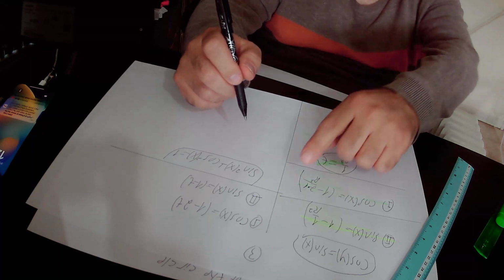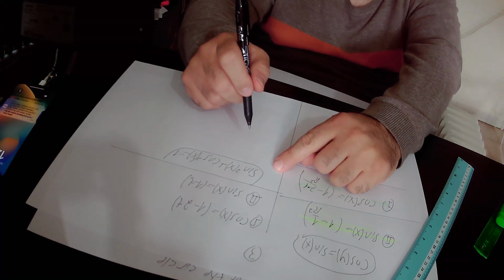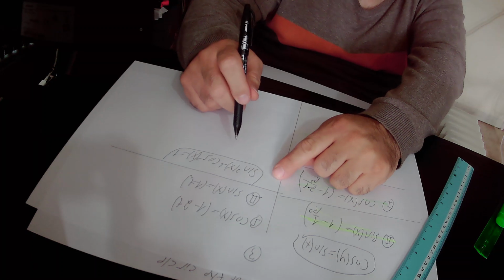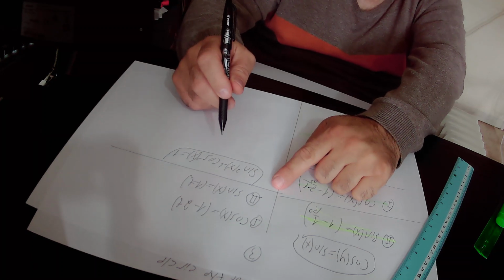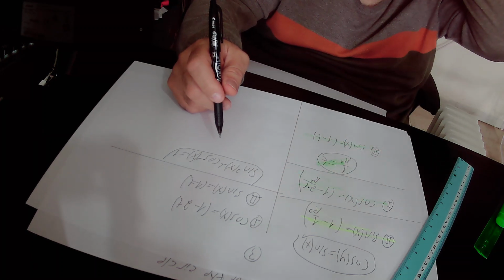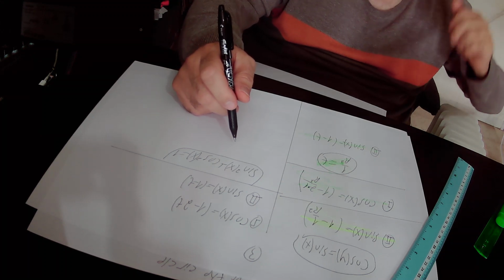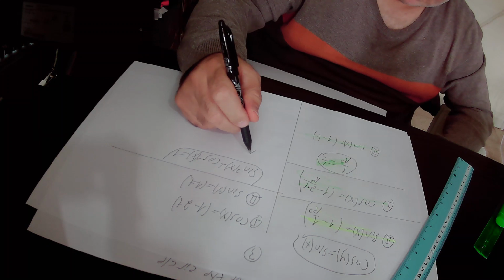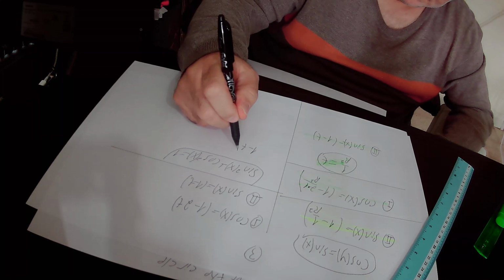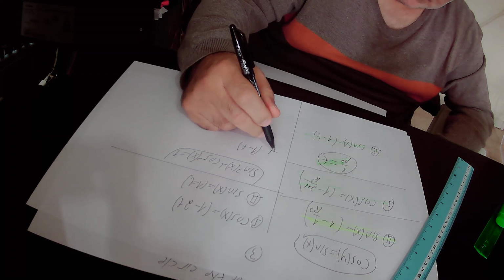So here we have sine square x. Sine x is 1 minus t, therefore sine square x is (1 minus t) squared. This is equation number 3.